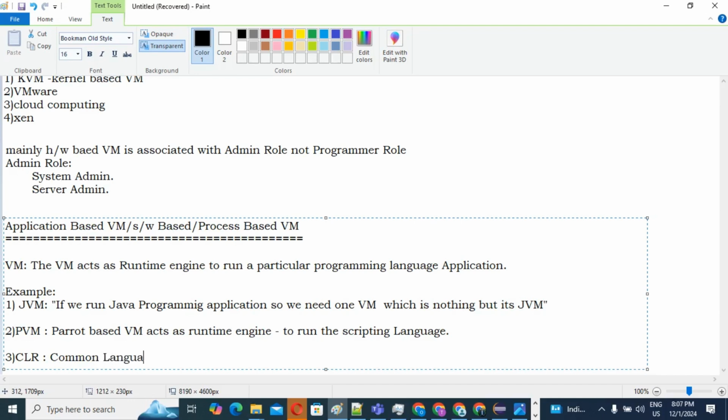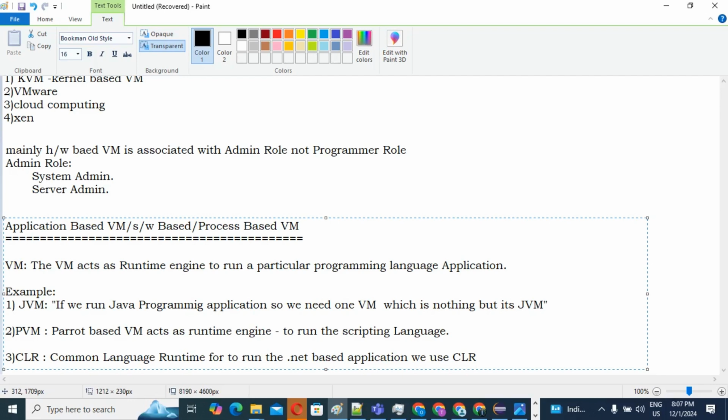For .NET based applications, you use CLR, which is a runtime engine.